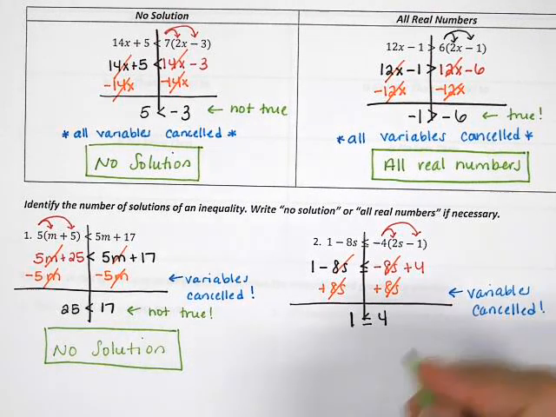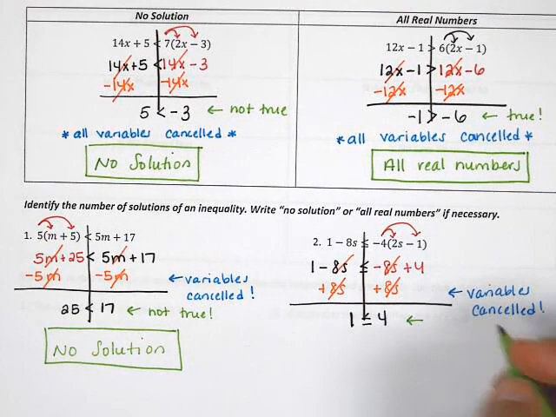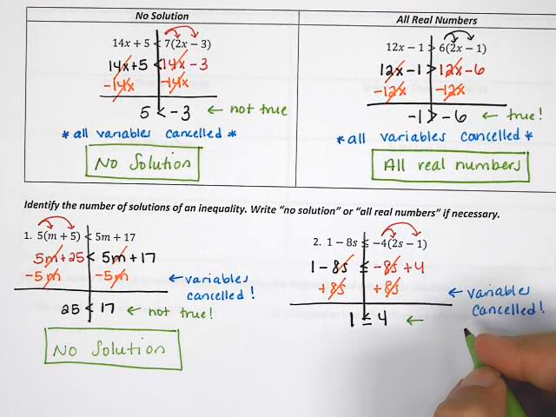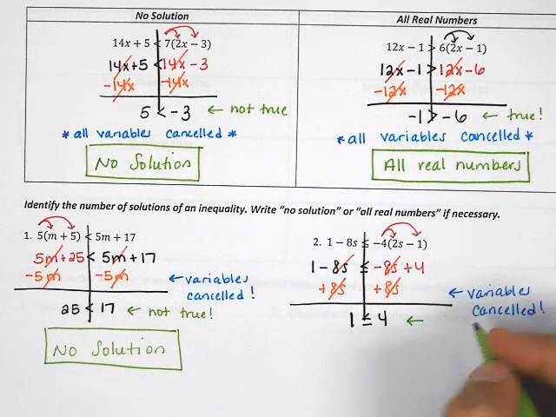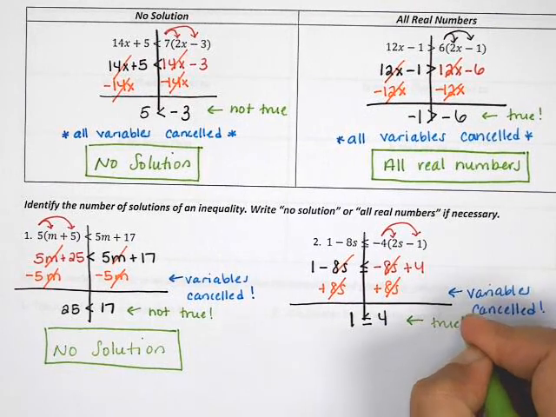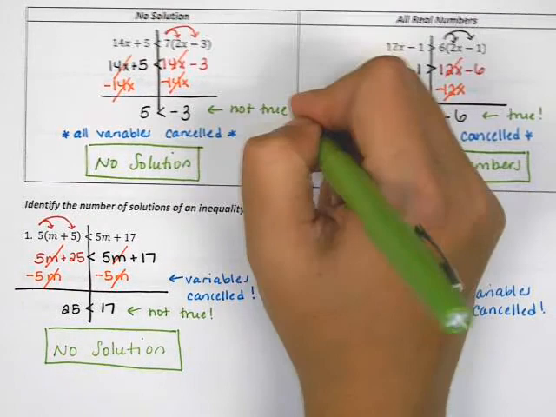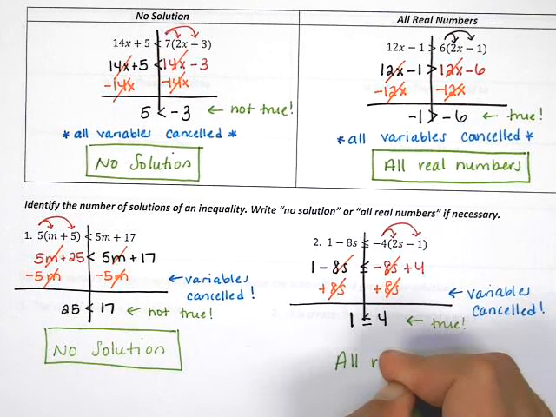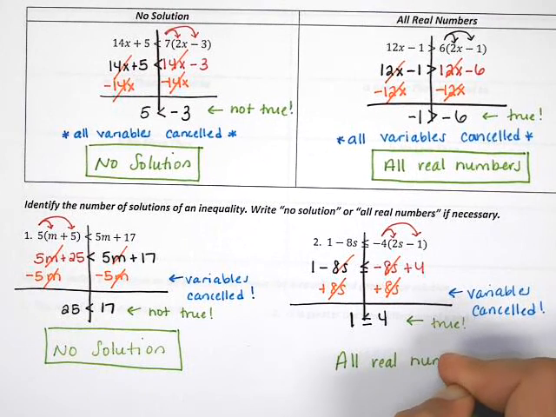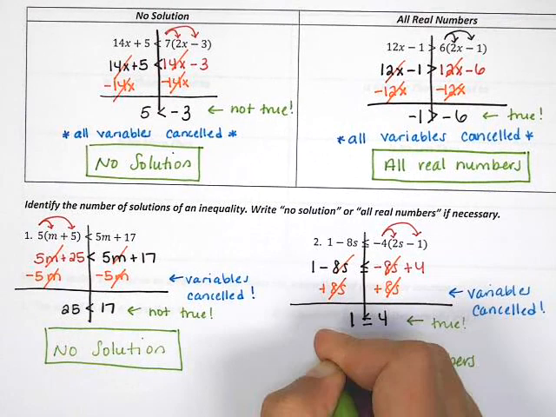Since the number 1 really is less than the number 4, it's not equal to, but you could be either one. You could be less than or you could be equal to, and you would still be okay. This is a true statement, which means we would write the words all real numbers as our final answer.